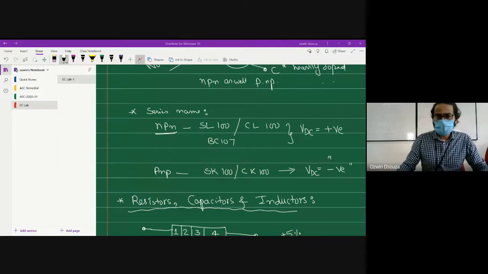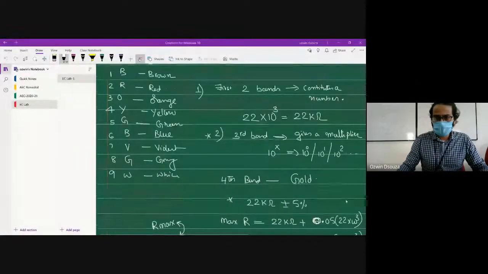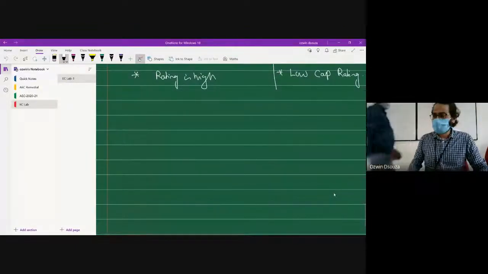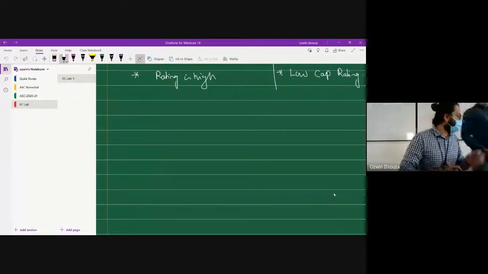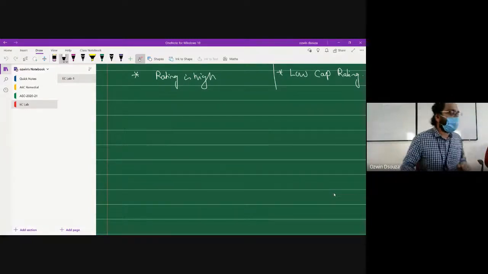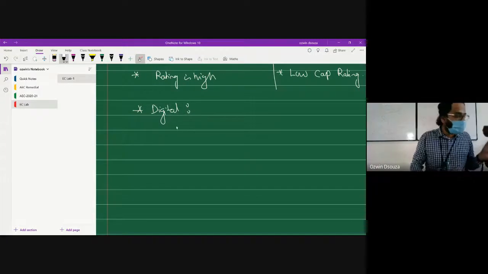So today, let me just talk about how to identify the gates from something known as a pin diagram. I'll take just 10 minutes. So, the digital part.